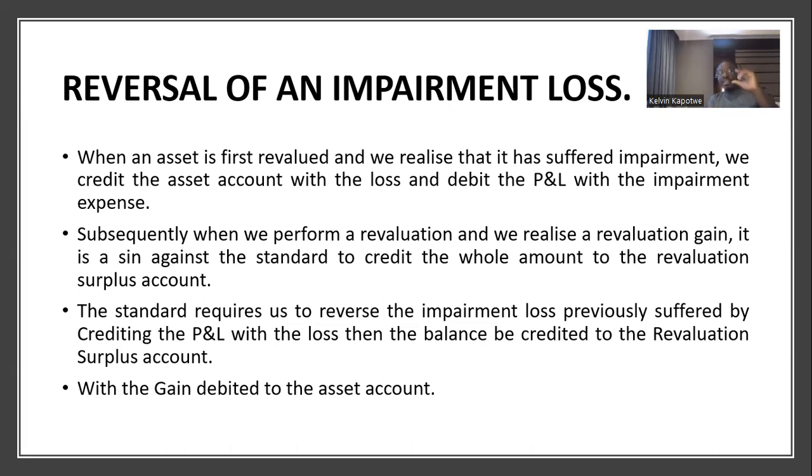You reduce the revaluation surplus, and then you are going to debit the asset account. Sorry, so you're going to debit the asset account with the revalued amount, and then credit the P&L with the 5,000, and then you're going to credit the balance to the revaluation surplus account.